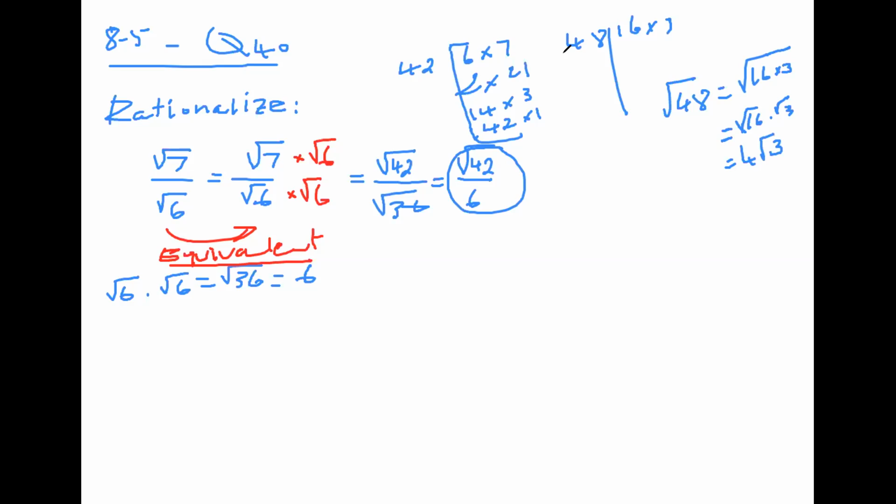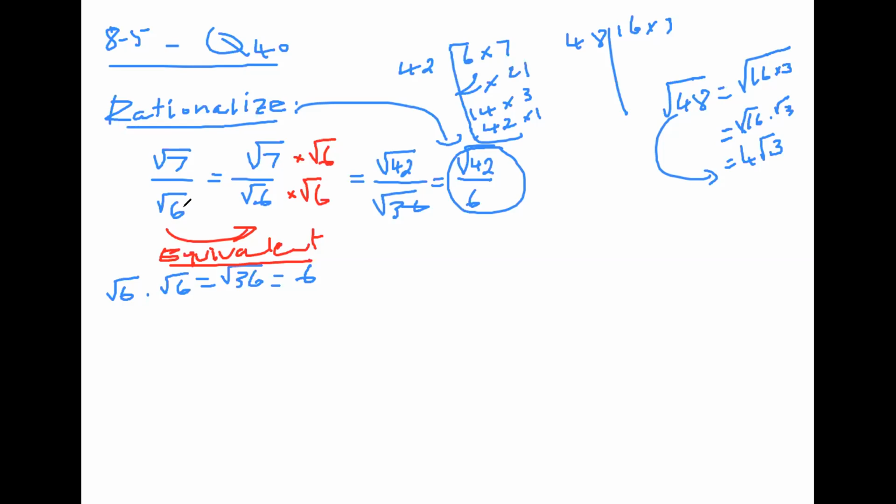So if it doesn't have a perfect root, you can break it into two numbers, 16 and 3, for example. But in this case, with 42, none of these have a perfect radical. So that's basically your answer, and we just rationalized it. That means we removed the radical from the denominator.